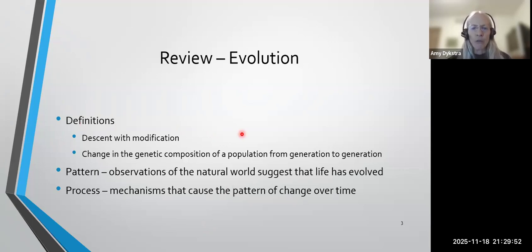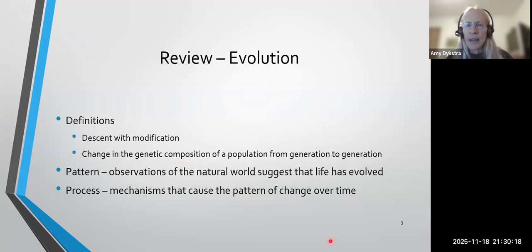They've changed over time from previously living organisms. And then the second definition we gave was that evolution is a change in the genetic composition of a population from generation to generation. And so we're going to be looking more at that level today, a change in the genetic composition.